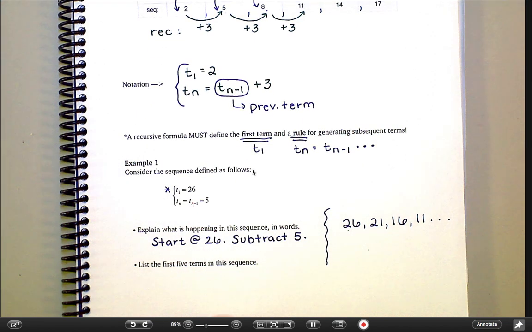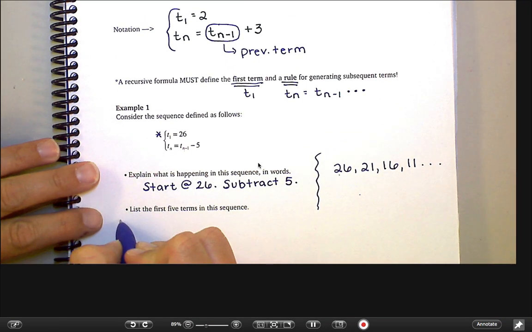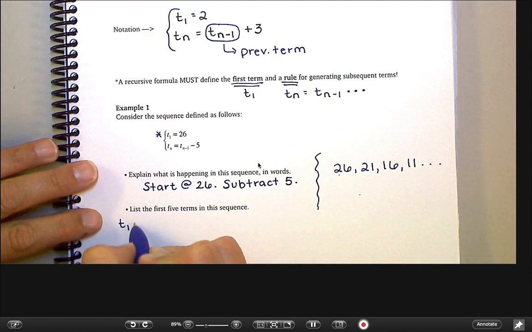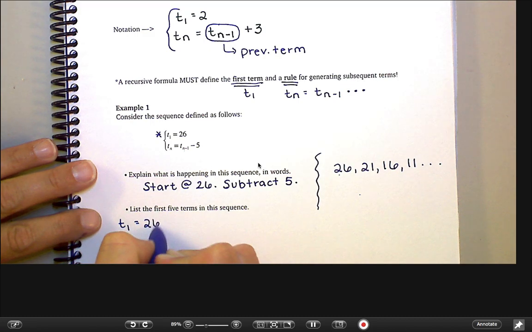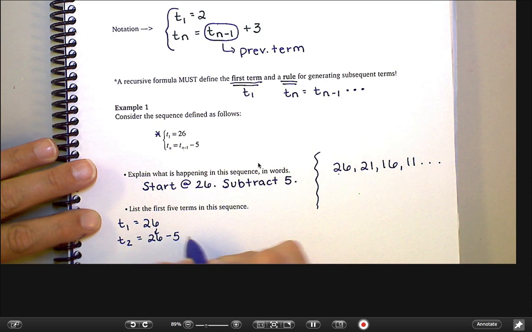Okay, so I kind of already did this last thing, right? The listing the first 5 terms, but I just wanted to write it out kind of in notation. So term 1 is 26. Term 2 is saying to do 26 minus 5. That's the previous term, and I get 21.